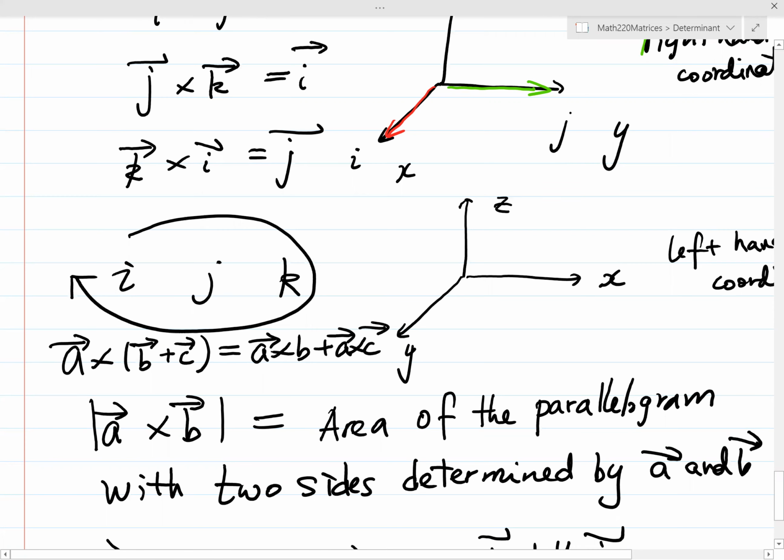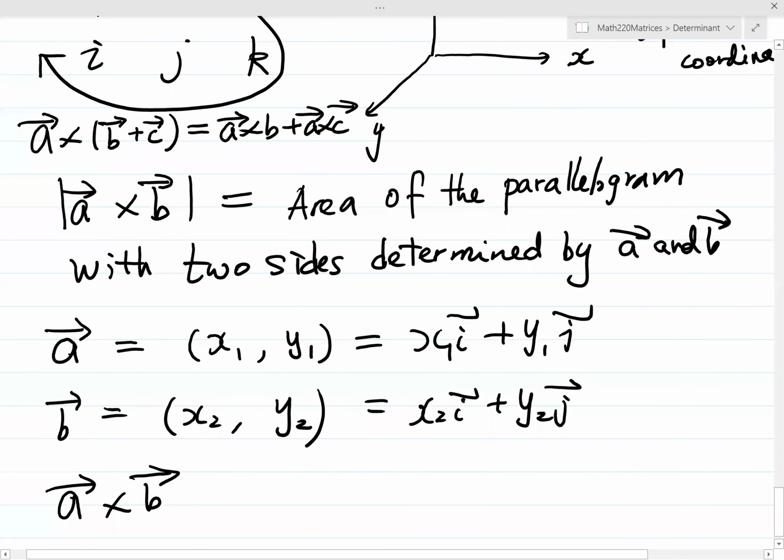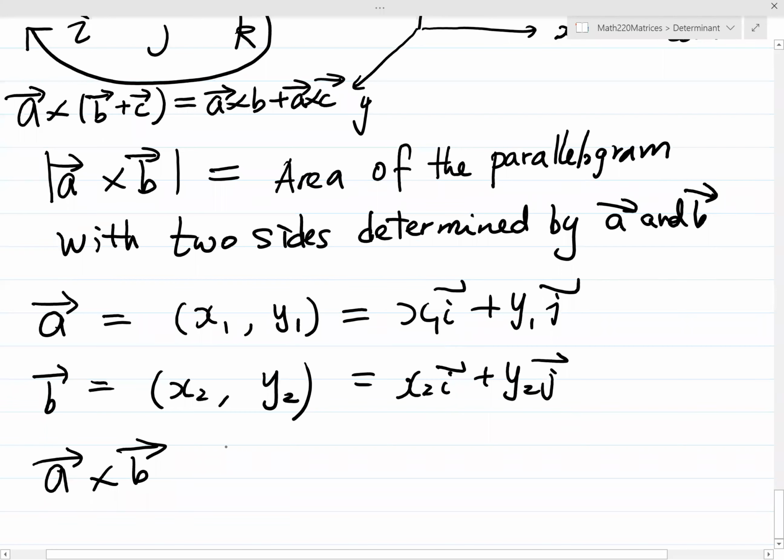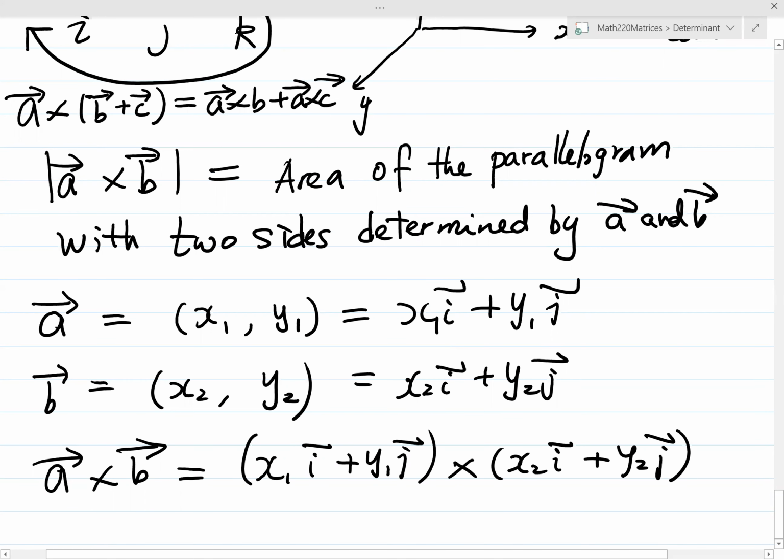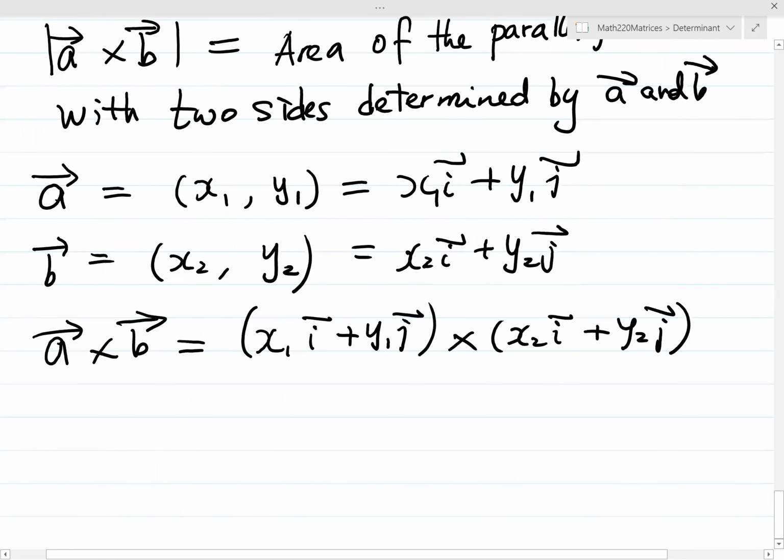So now we use the distributive law. We get x1i plus y1j cross x2i plus y2j. Now, if you distribute this, what do you finally get?